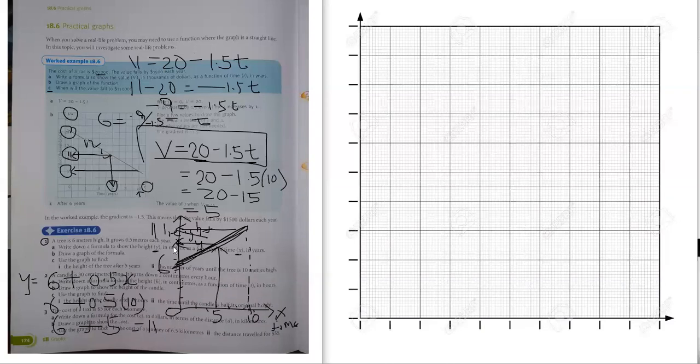You have to draw it accurately, then only you can see the figure. That will be your answer for the height of the tree after 5 years.